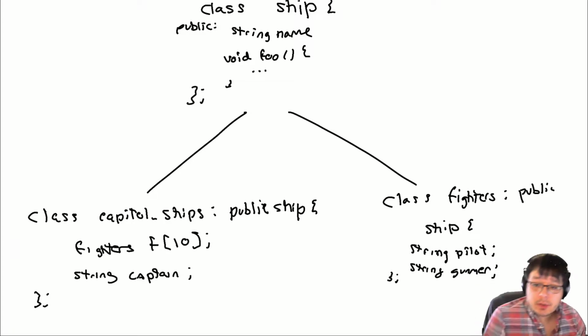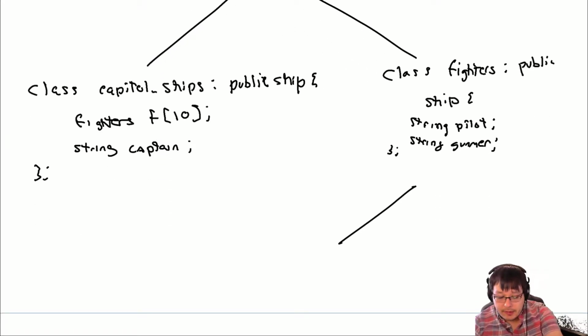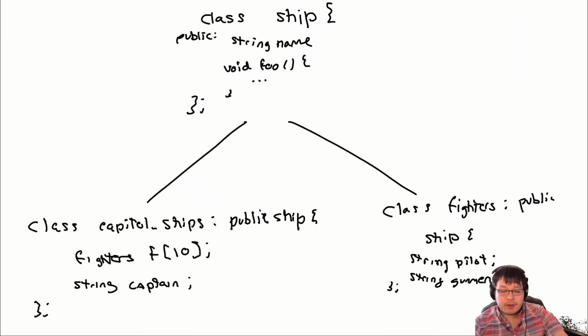So the point is that you have this ship class, and then you have all these derived classes. You might even have derived classes down here, like a bomber, a light fighter and a heavy fighter. And you might have different types of capital ships and so on. This sort of hierarchy could keep going.